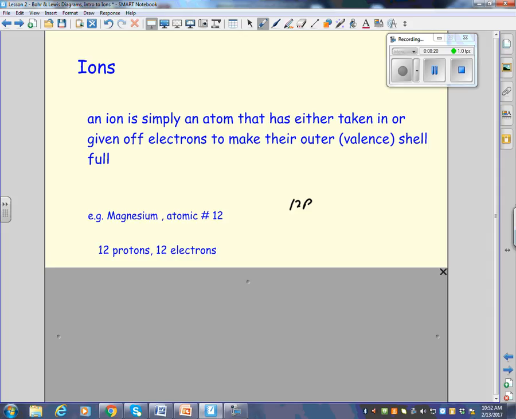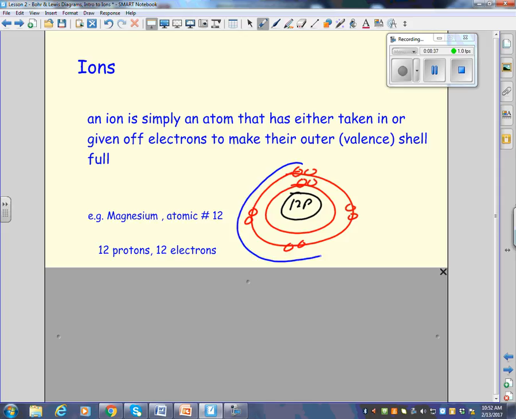I don't know how many neutrons, doesn't really matter. You don't have to draw it. I'm just drawing it so I can explain it. So there's magnesium.